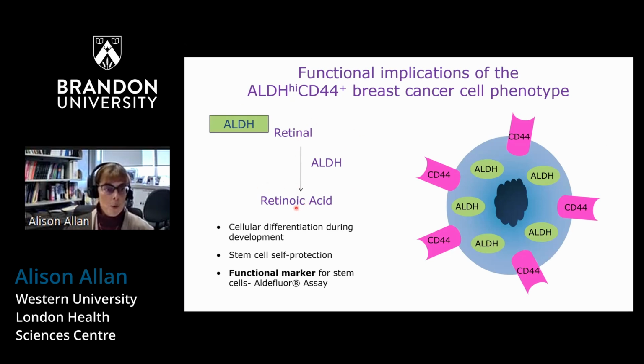It's very important in normal cellular differentiation during development and in stem cell self-protection. And from a functional cell biology perspective, it's a functional marker, so it fluoresces green inside the cell only when the enzyme is active. So it helps us isolate the cells through fluorescence-activated cell sorting.